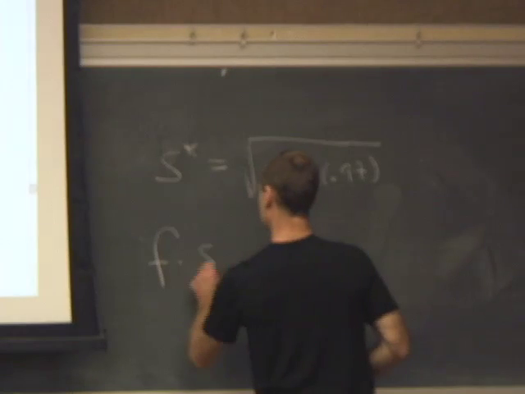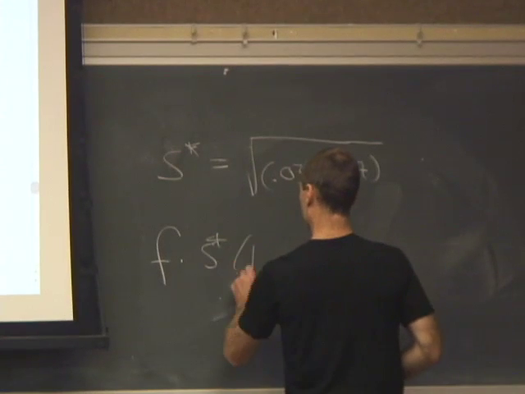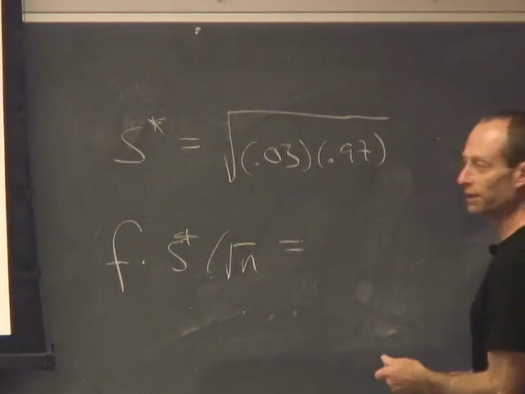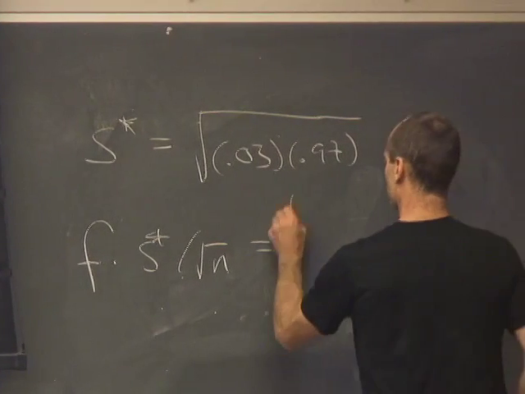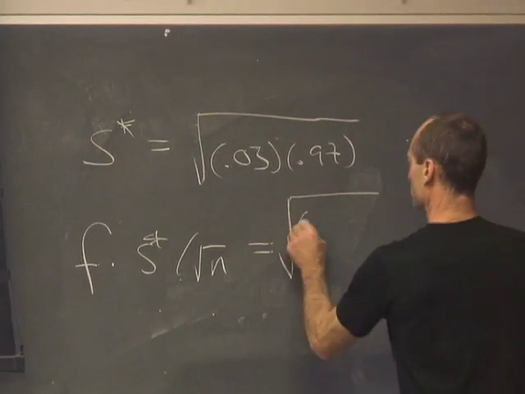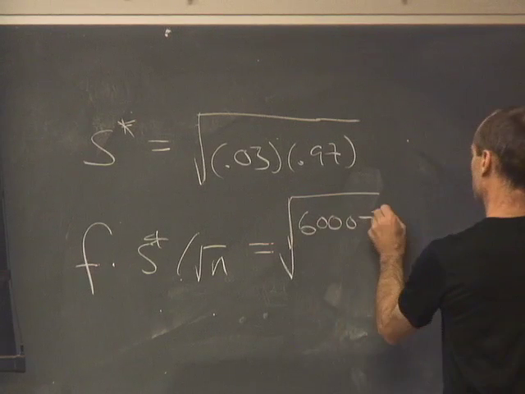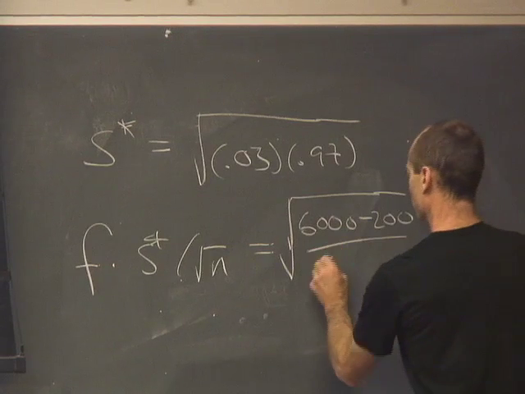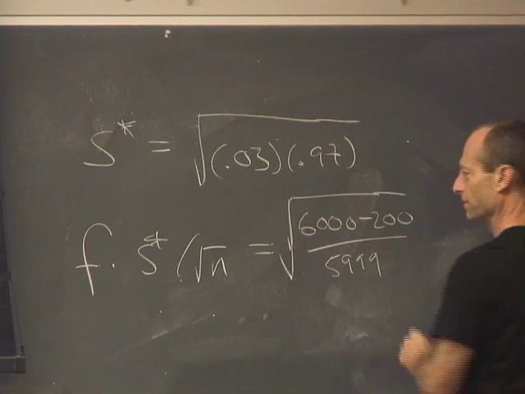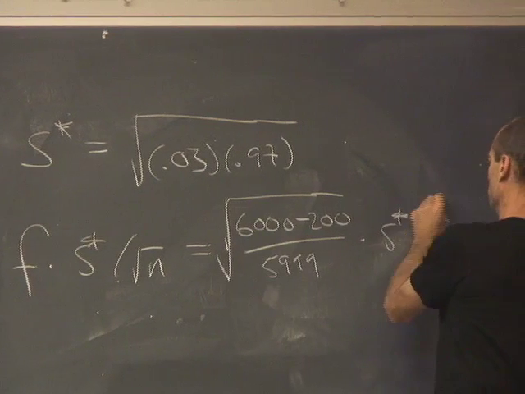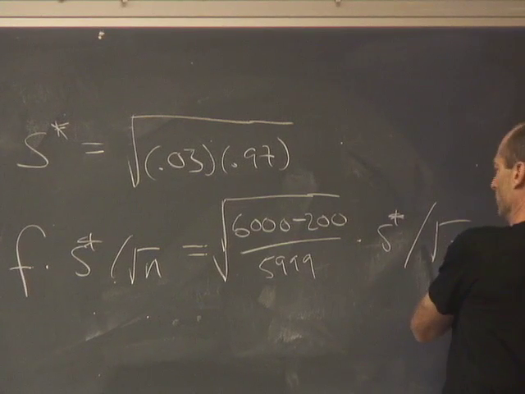We need to multiply F times S star over the square root of n, right? So F is going to be the square root of 6,000 minus 200 over 5999, right, times this thing divided by the square root of 200.